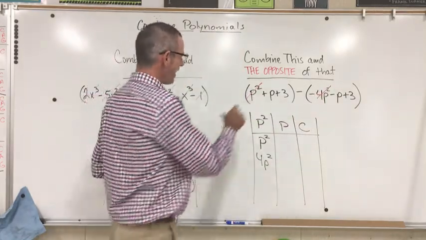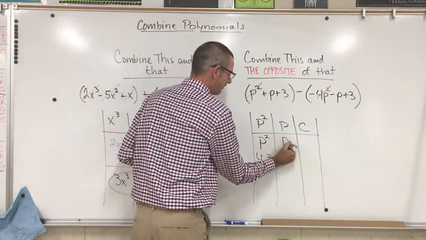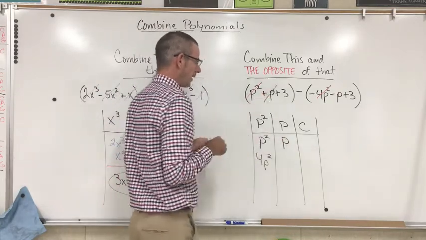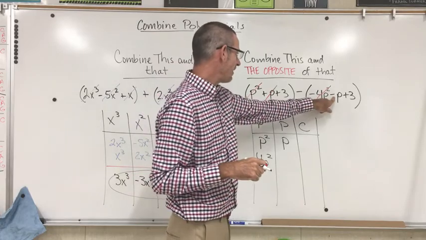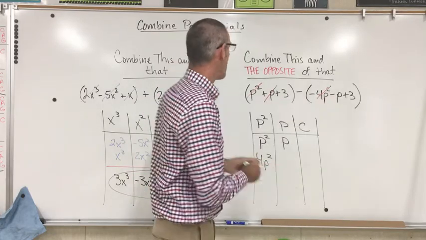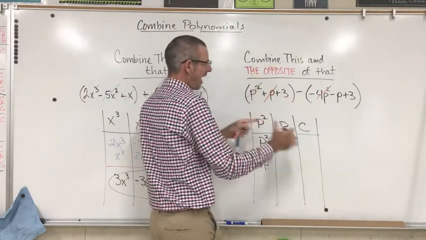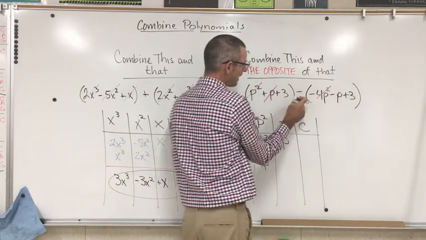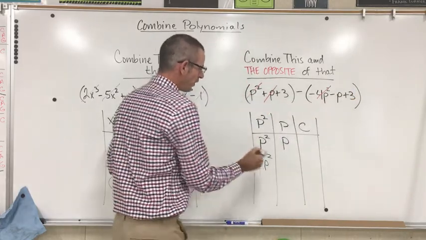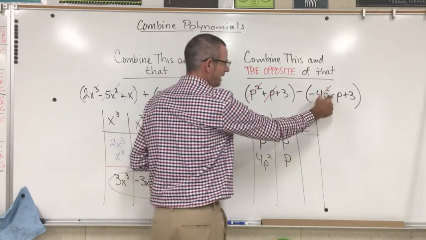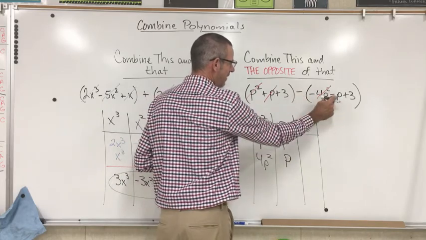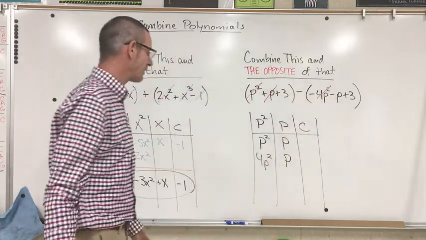Now here I have a positive p, and then I have a negative p. But I'm combining this and the opposite of that because it's a subtraction problem. So when I write this down, I don't write negative p. This negative and that negative make it a positive p.